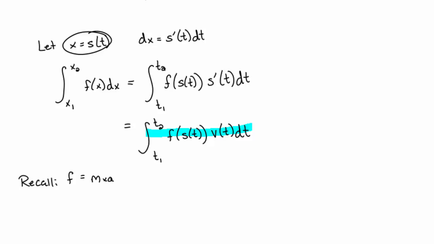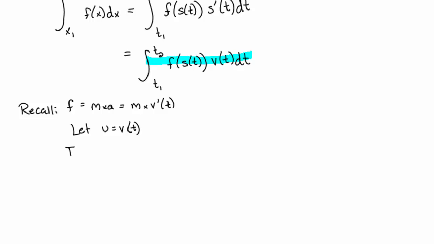And acceleration is the second derivative of position, which is the first derivative of velocity. So in this integral, let u be the velocity at time t. Then du is going to be v prime of t dt. And now we can go ahead and make our substitution.